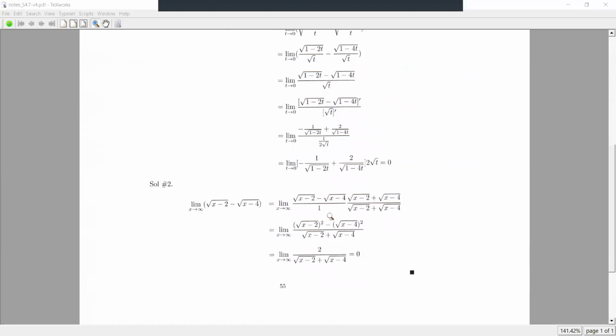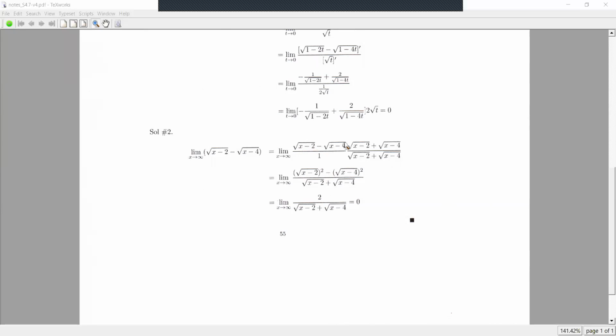At the same time, multiply the denominator 1, which I can view as a fraction, by the same thing, a plus b. Now, numerator times numerator, a minus b times a plus b, by the formula is a squared minus b squared. Denominator 1 times the denominator, so we get this.